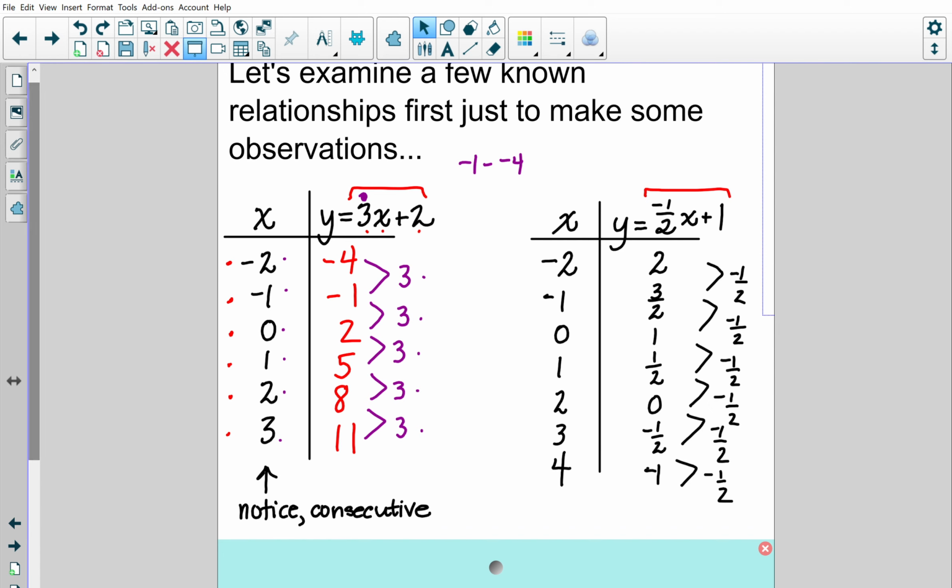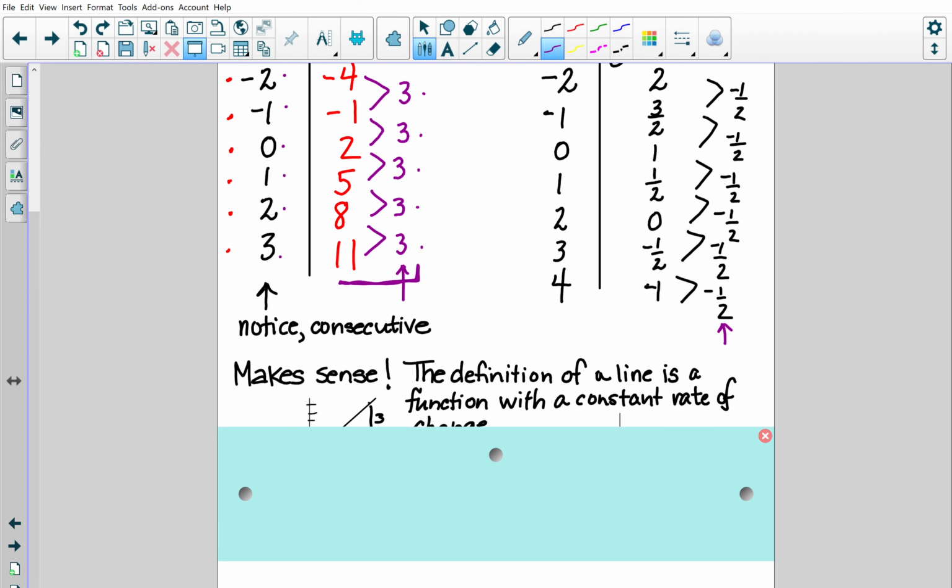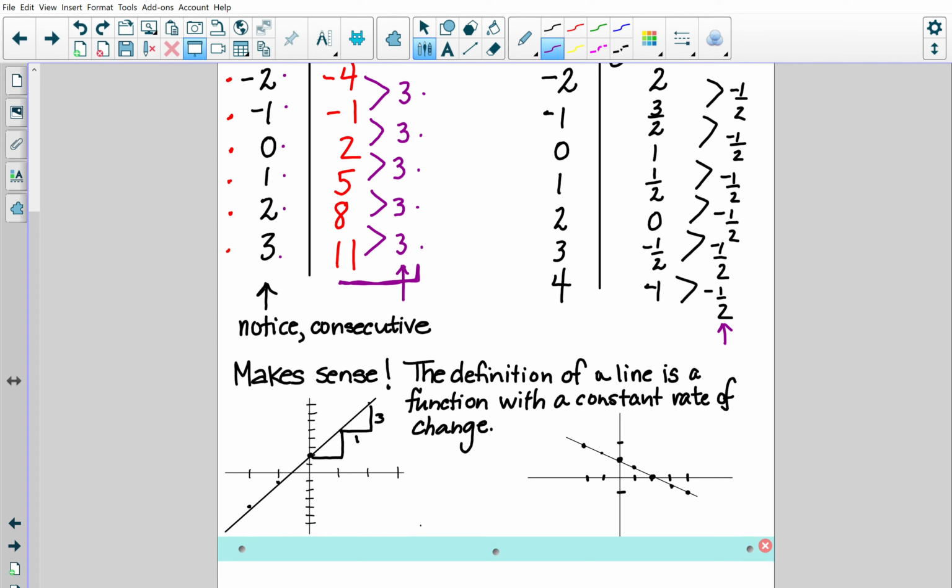So what we're seeing is that our differences in our y terms become constant after one set of differences. Again, that makes sense because we're talking about lines. The very definition of a line is a function with a constant rate of change.